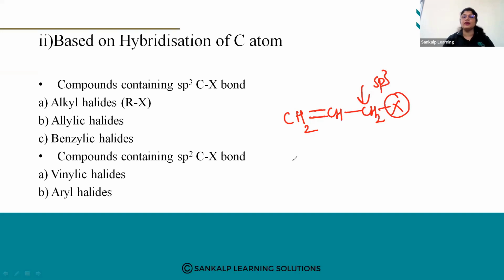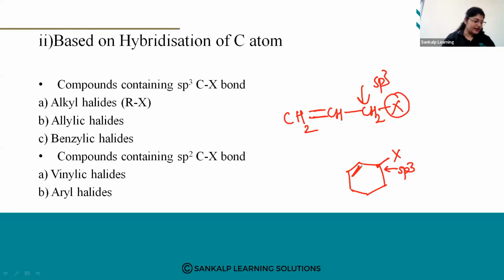So this is an example of allylic halides. The same I can give with a ring also. If this is the halogen atom, the halogen atom is attached to a carbon which is sp3 hybridized, next to a carbon-carbon double bond. So this is the allylic halide.